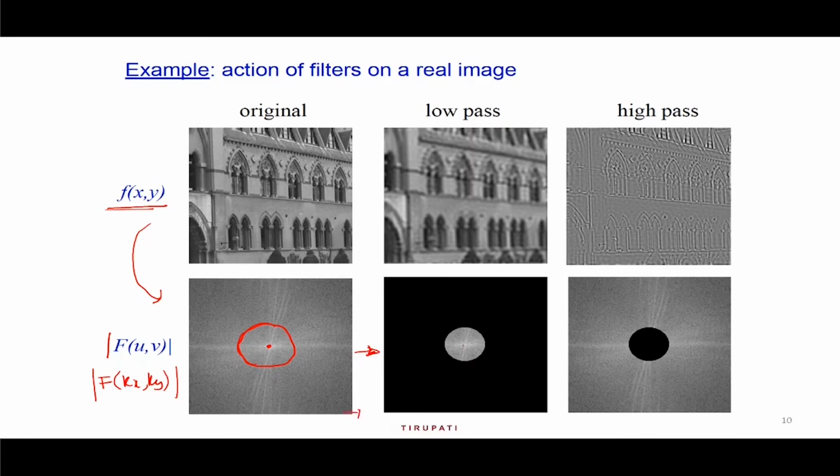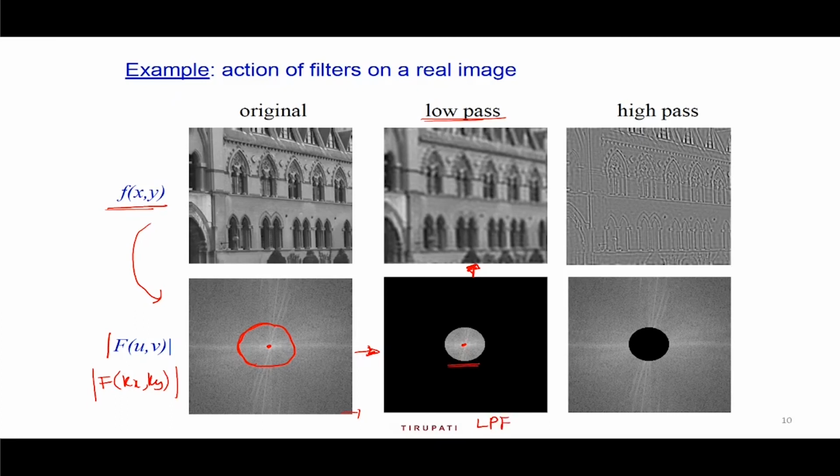Now if you take this magnitude spectrum and reconstruct your signal, you would be getting this. You are allowing low frequencies and making the high frequencies 0, so this is equivalent to applying a low pass filter. This is the kind of result you would be getting.